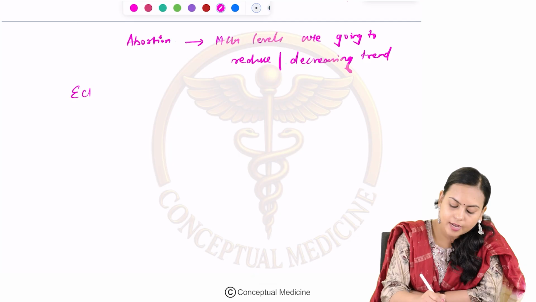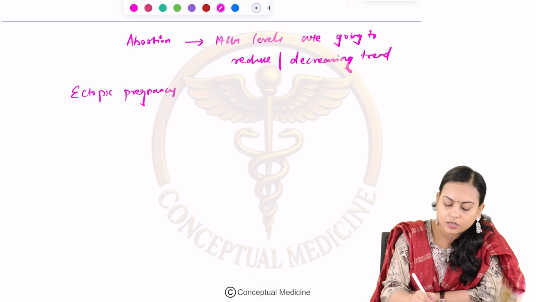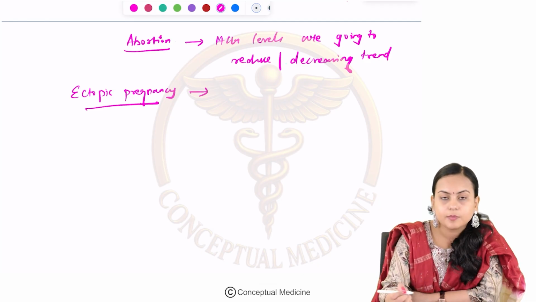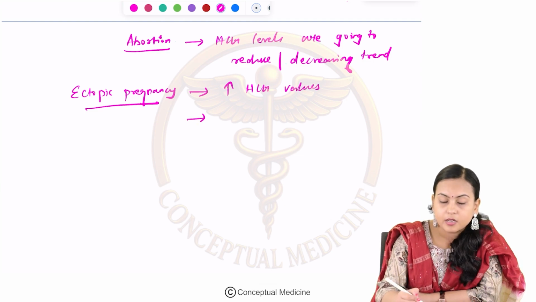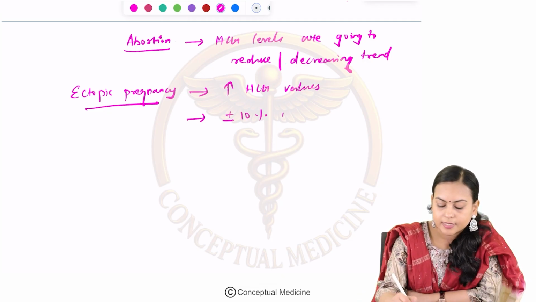Okay. When there is an ectopic pregnancy, there can be increase in HCG values, but remember this increase will be only about 10% increase. Okay?